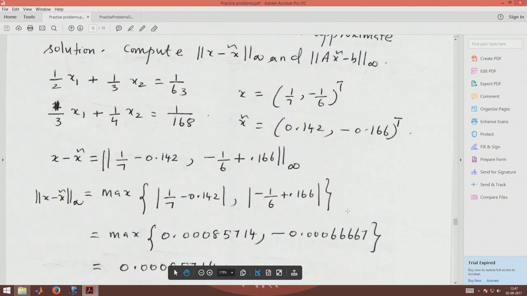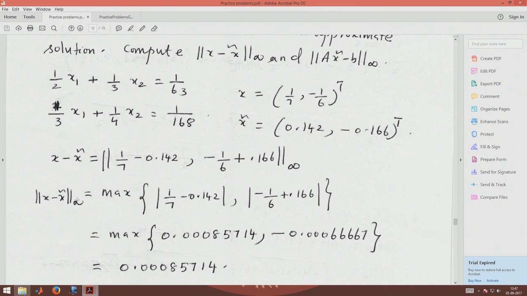So, now you want to compute the error. What is the error? It is x minus x tilde. So, x is 1 by 7, x tilde first component is 0.142. Second component is minus 1 by 6 and the second component of x tilde is minus 0.166. So, it is this quantity and you want norm x minus x tilde infinity.